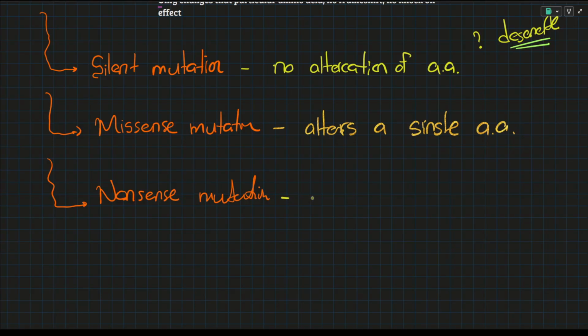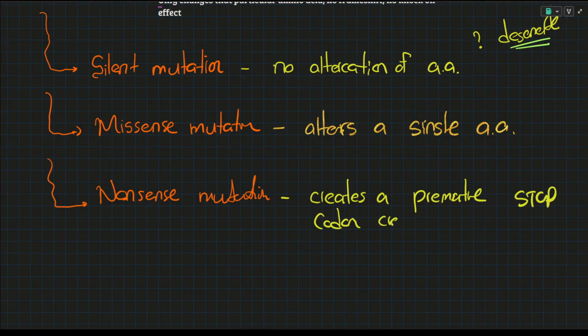Whenever you have a nonsense mutation, a premature stop codon is created. Okay. And then what happens if you stop protein synthesis all of a sudden?